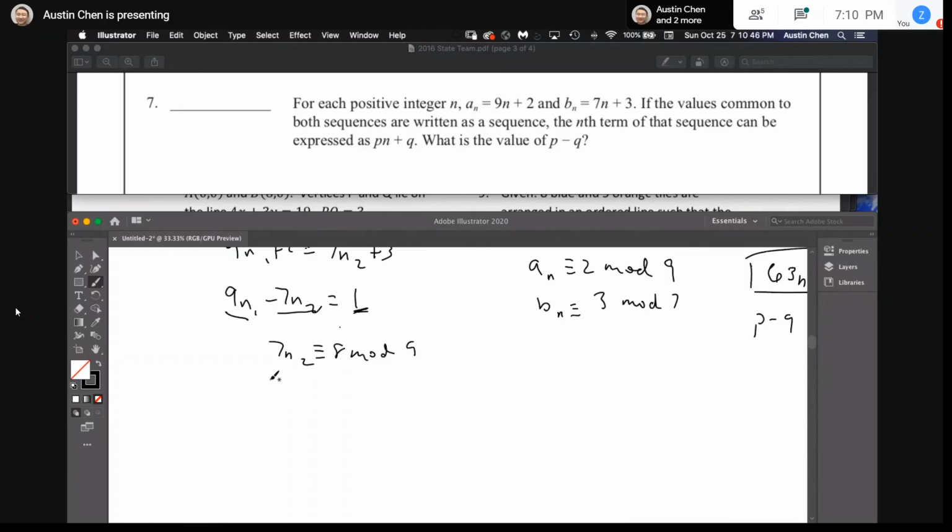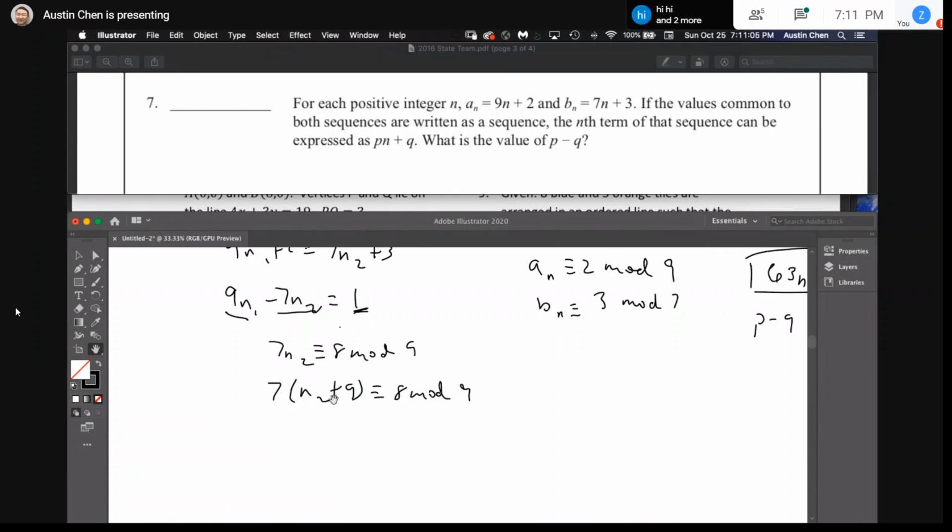And then you can notice that if you add 9 to n2, it's not going to change anything, right? Because 9 is 0 mod 9. Which means that the n2 values that work are going to be repeating in periods of 9.